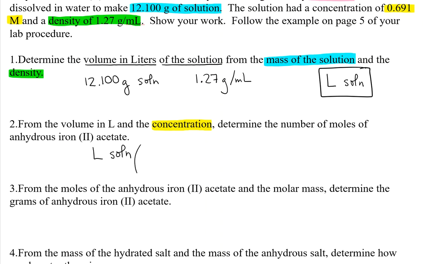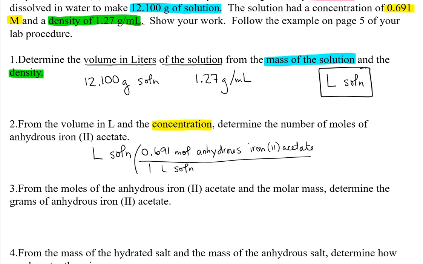So, for every 1 liter of that solution, you know it contains 0.691 moles of anhydrous. No water molecules associated with it. Iron(II) acetate. And I'm going to let you guys figure out what that chemical formula is. That'll give you the moles of anhydrous.